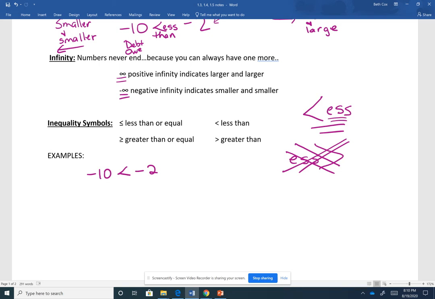Negative 10 is less than negative 2. 7 is greater than 5. Less than. And this is greater than. And then if I put an equal in here, it's less than or equal. Okay, and we understand this less than or equal to concept.